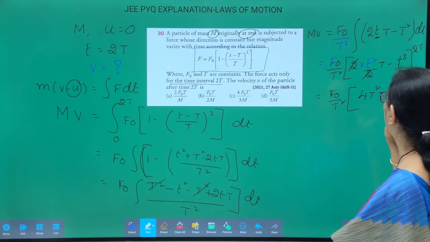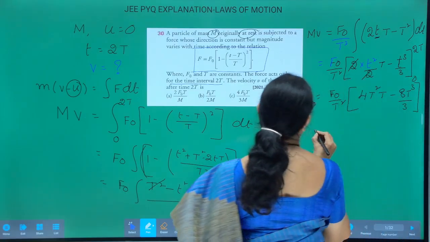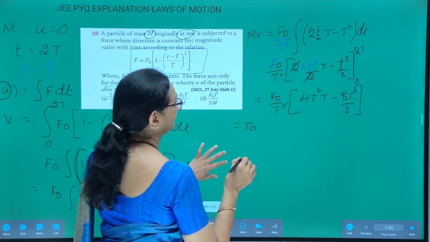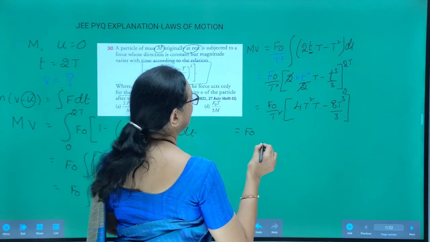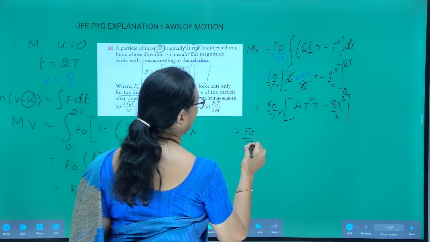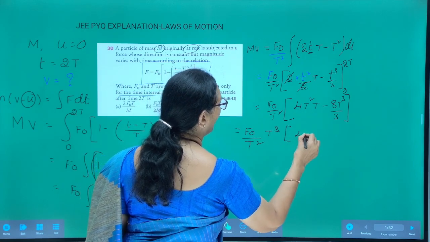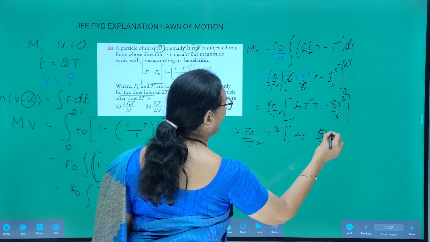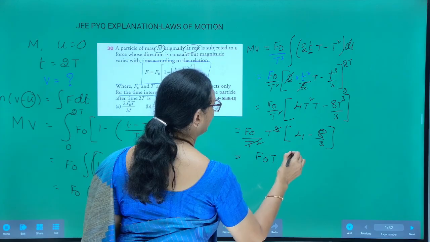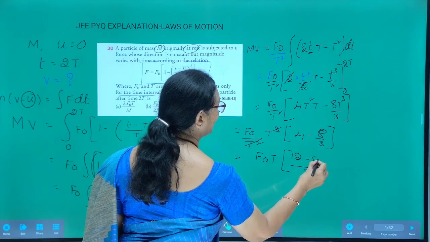So, T square into T is T cube, you can take the T cube as a common factor outside. This becomes F0 by T square, taking T cube common, 4 minus 8 by 3. This is F0 into T, taking LCM, 12 minus 8 by 3.